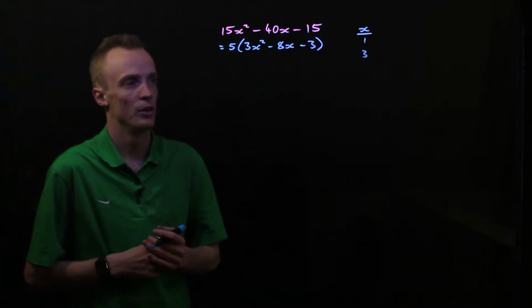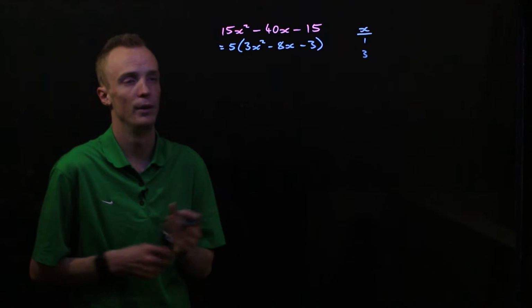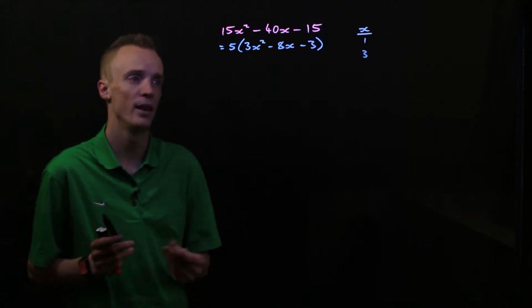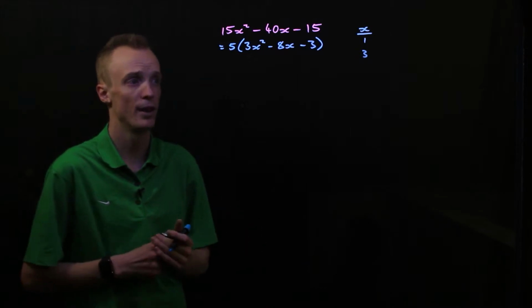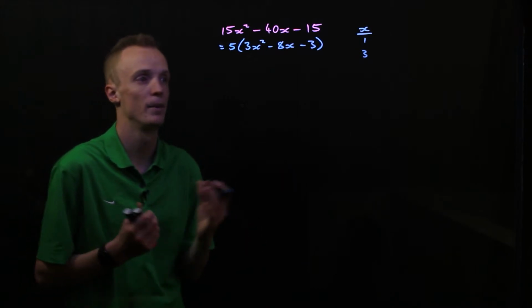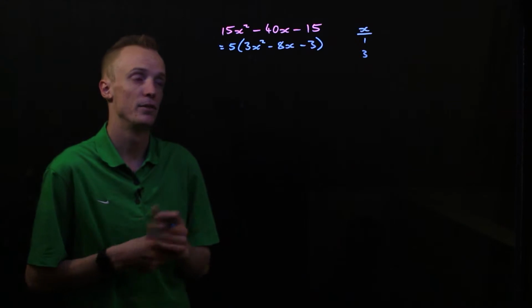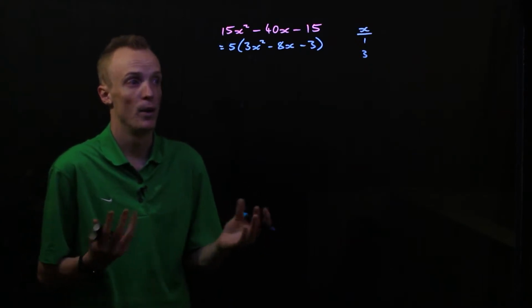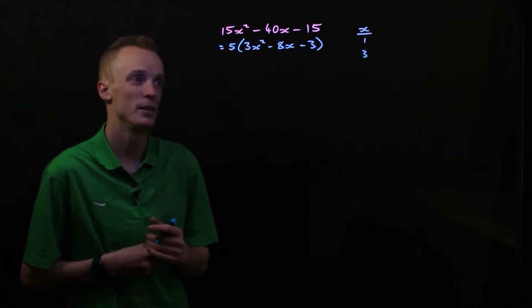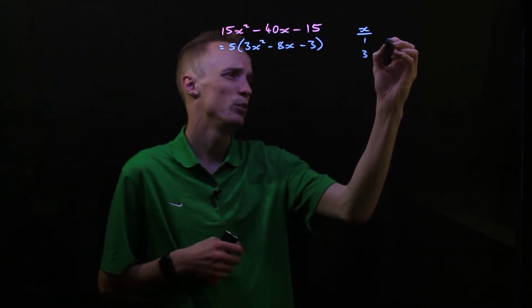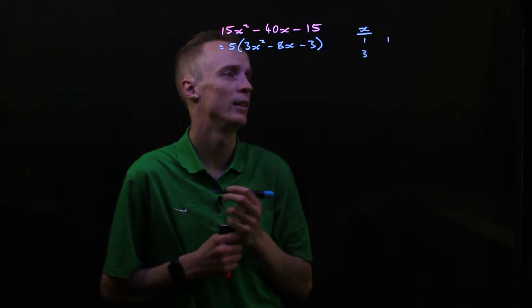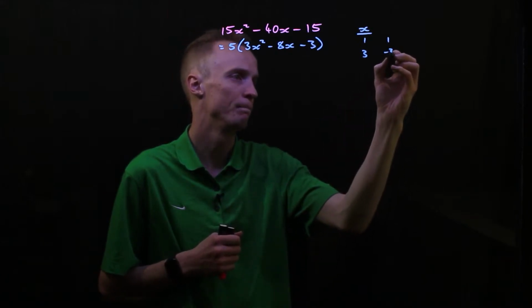Then we look for two numbers that will multiply together to equal negative 3. One of these has to be positive and one of them has to be negative. Factors of negative 3 are going to be 1 and 3 again. So in this case, let's do a positive 1 and a negative 3.